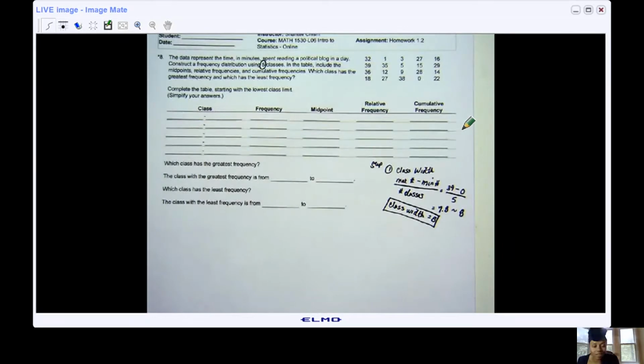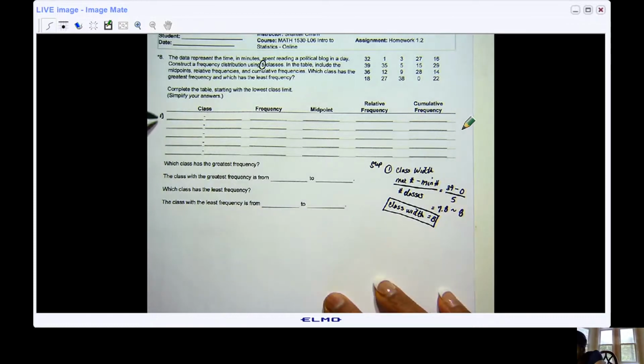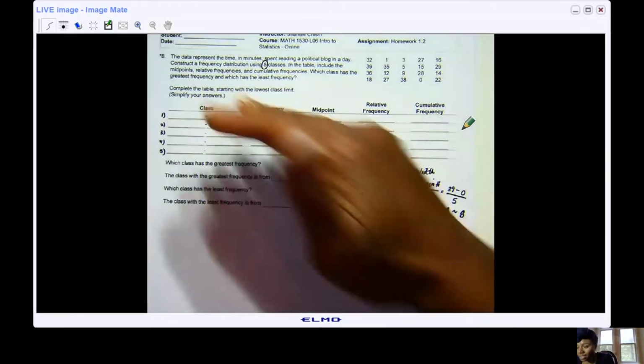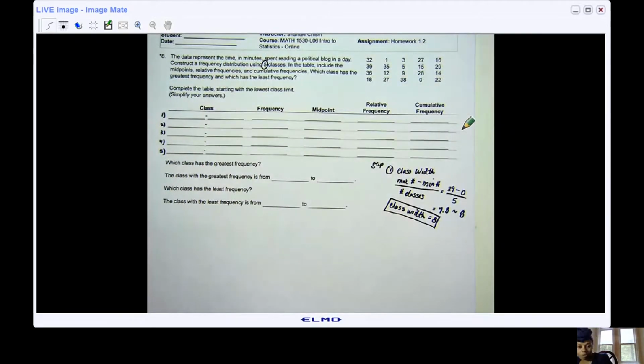Okay, now let's get the classes. Your first class always starts with the minimum value. So let me put a little 1 here, 2, 3, 4, 5. And like I said, even if you can't print the problem, get some paper and jot down the table, the classes, frequency, what you're going to be actually entering into the computer.